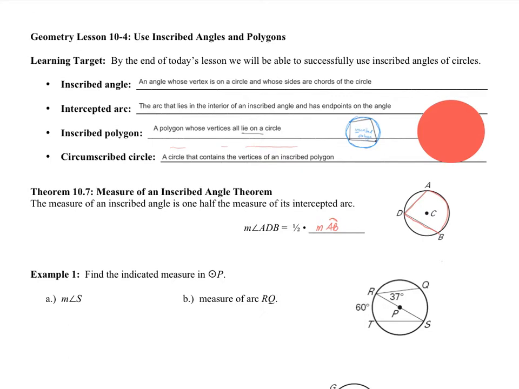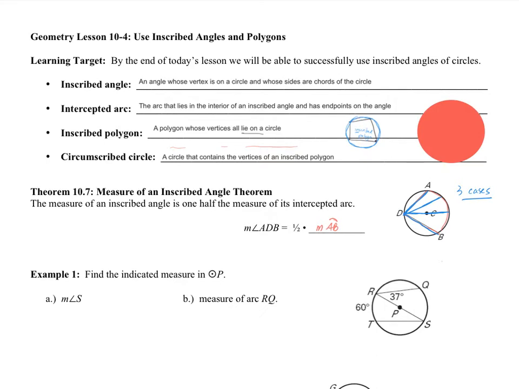I would like you to refer to my website to see how I prove this theorem by referring to 3 cases of an inscribed angle, where the first case will be that one side of the angle will be the diameter, and the second case will be that the inscribed angle will be this wide with the center in between the 2 sides, and the third case will be an inscribed angle in which the center is outside of the inscribed angle.